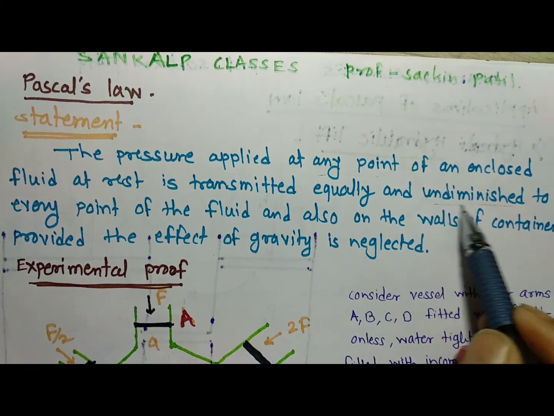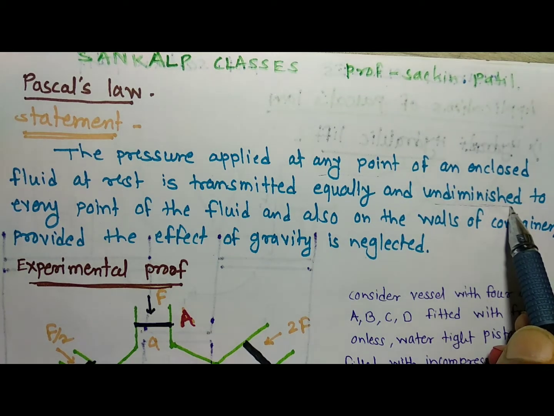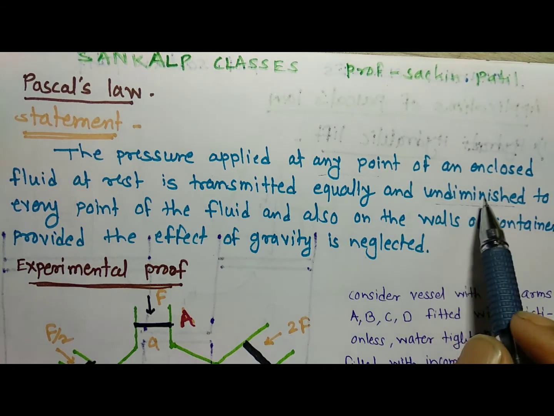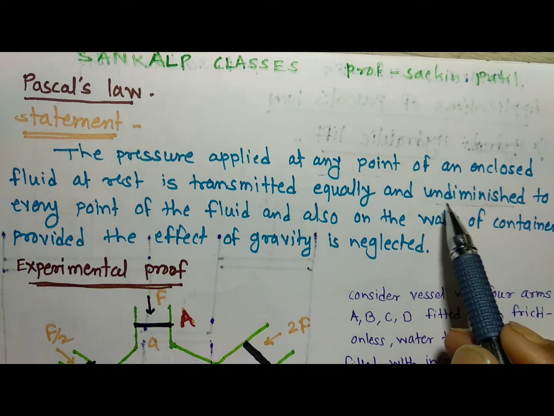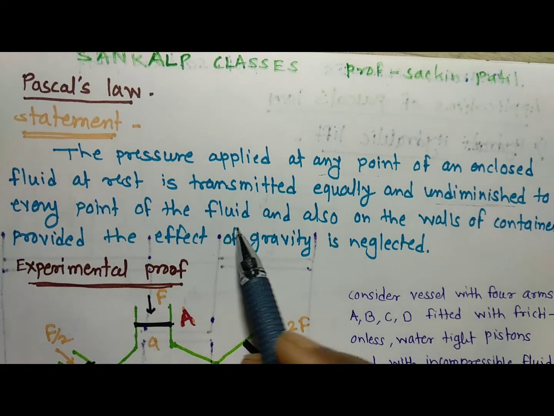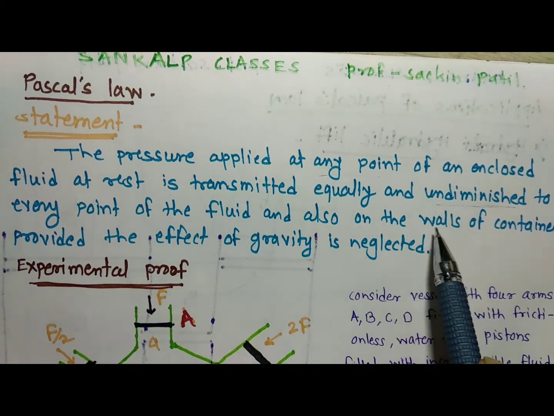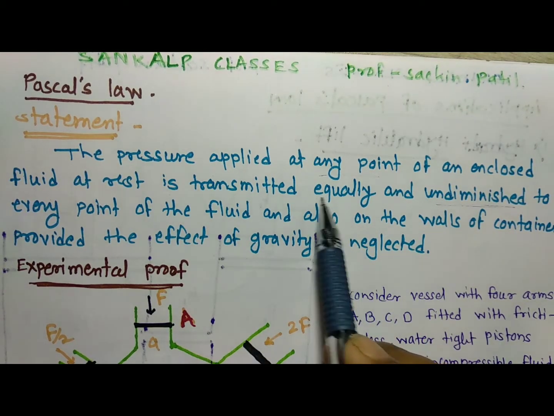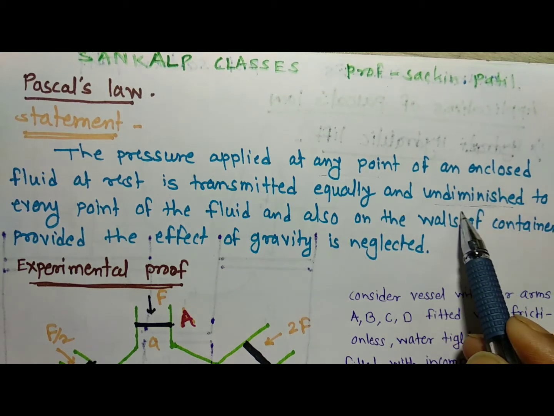What is undiminished? That means without decreasing. There will be no loss in that transmission of the pressure to every point of a fluid and also on the wall of container. That means it is transmitted equally and without decreasing in the quantity of that applied pressure.